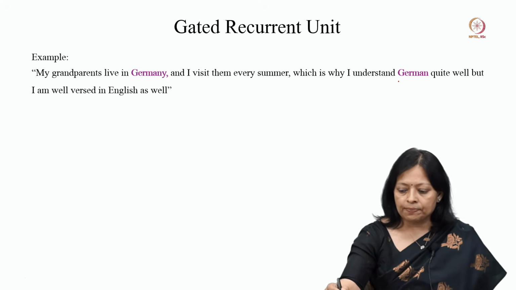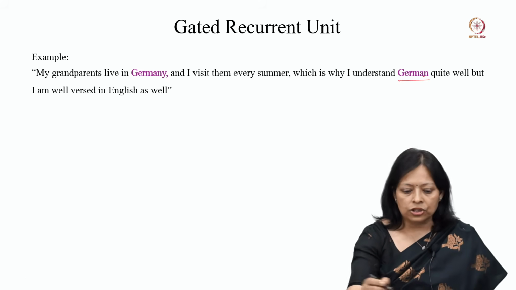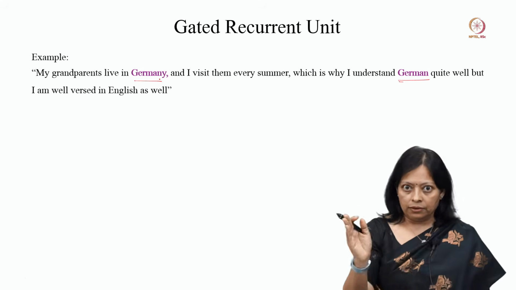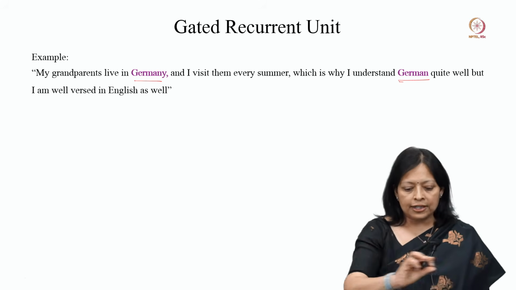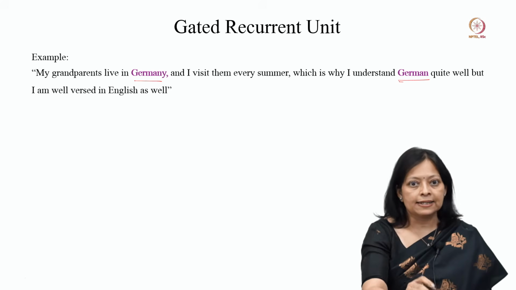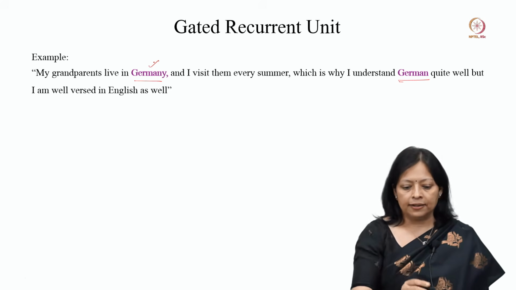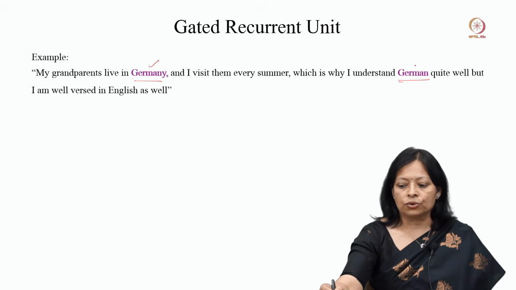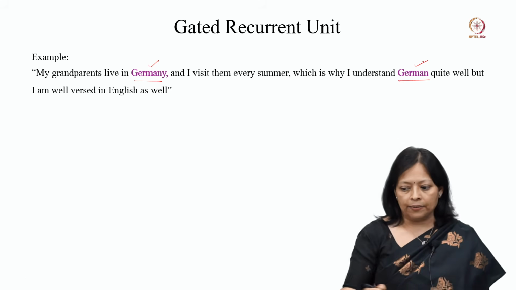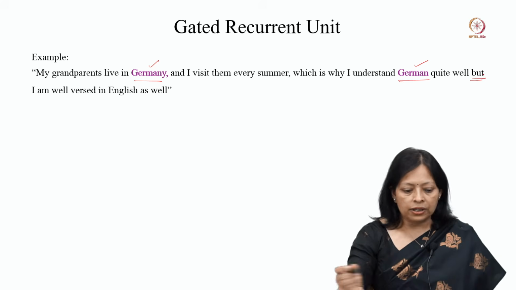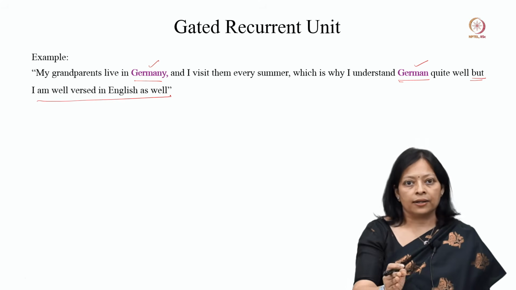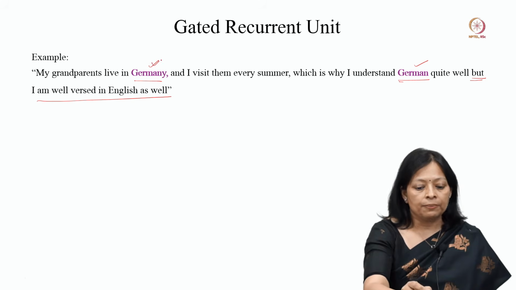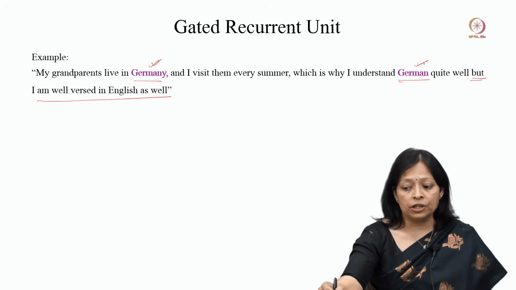Till this point, German and Germany were having a relationship. It was important for the sequence to memorize or have it in mind that there is a term Germany here, because it is related to the language German here. But after this, I am well versed in English as well, doesn't require your memory of Germany or German.